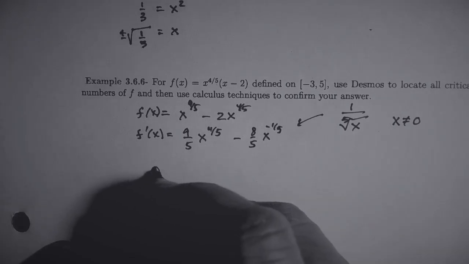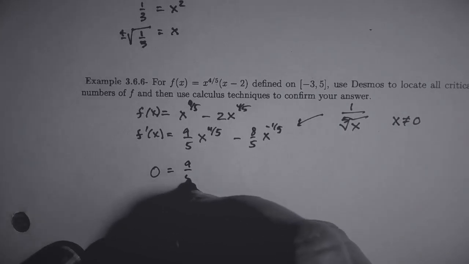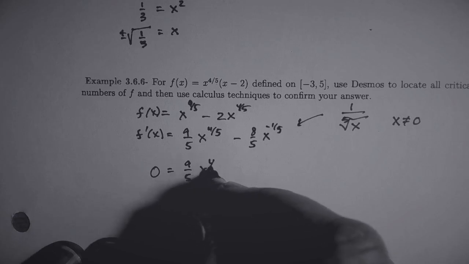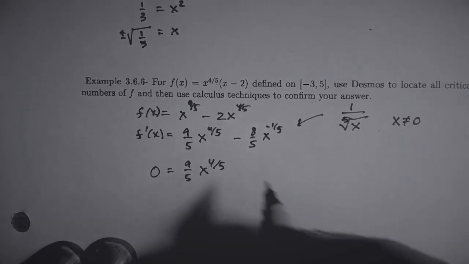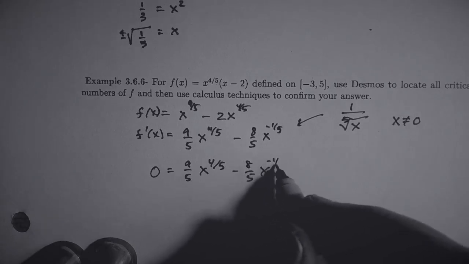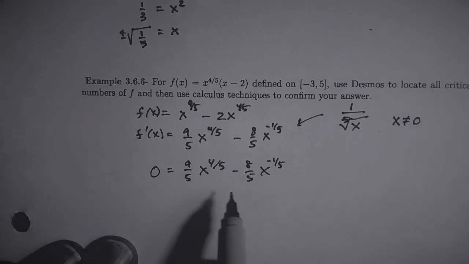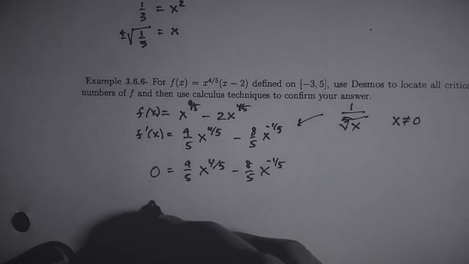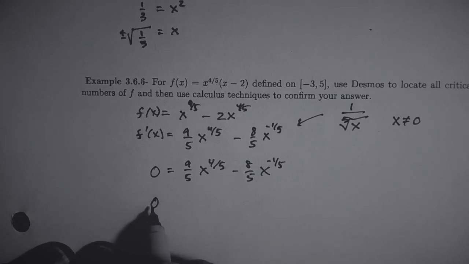Let's set the derivative equal to 0 and solve to see if there are any other x's. I'm going to multiply both sides by 5 to get rid of the fraction. And 0 times 5 is still 0.